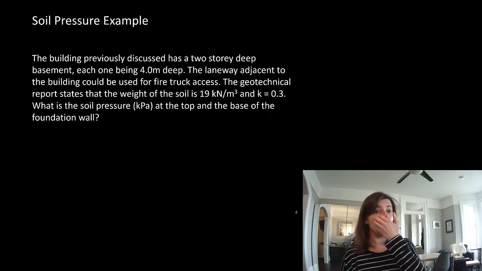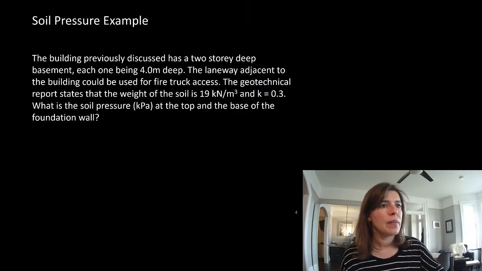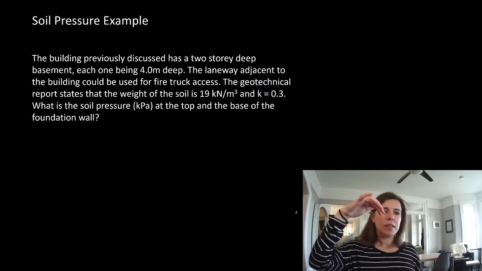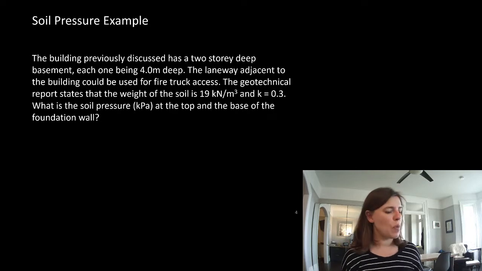So let's do an example here. I'll probably do it aiming down for you guys. The building previously discussed, from last lecture, has a 2-story deep basement, each one being 4 meters deep.